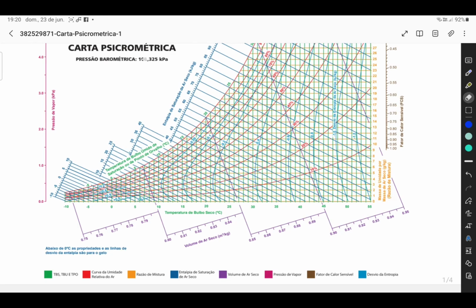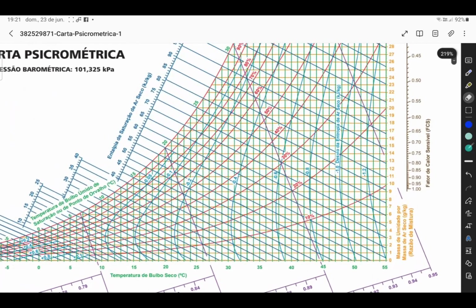Not forgetting to mention, the psychrometric chart depends on atmospheric pressure. So this chart we are using is a chart for atmospheric pressure at sea level. Enthalpy in kilojoules per kilogram.